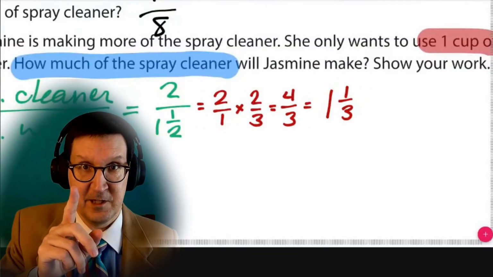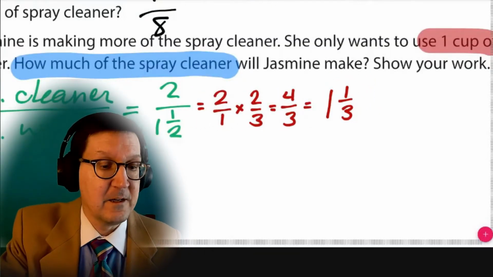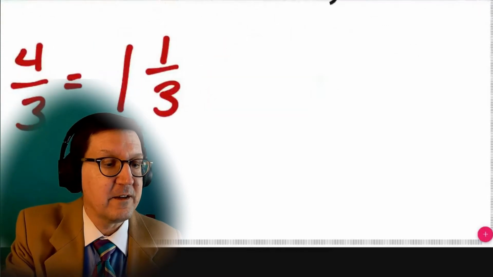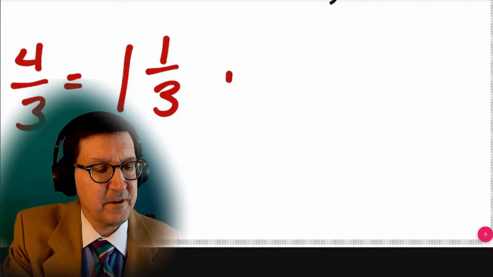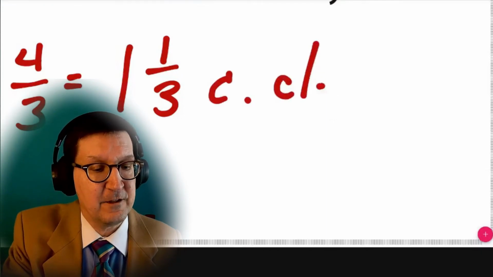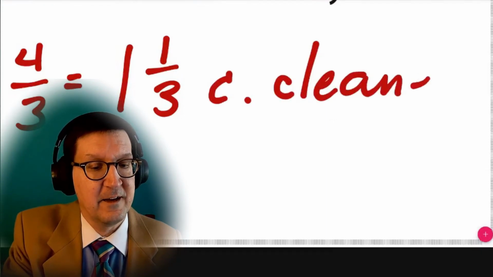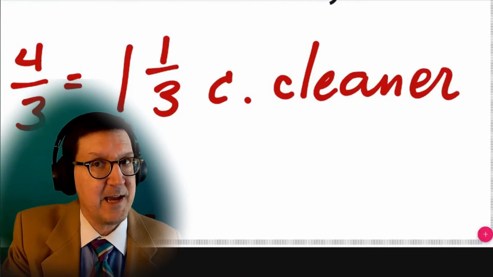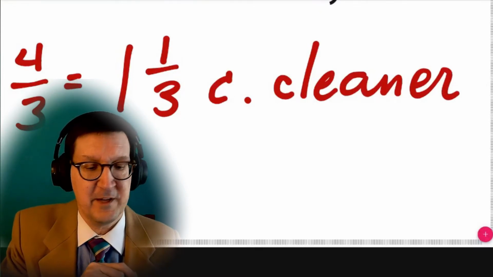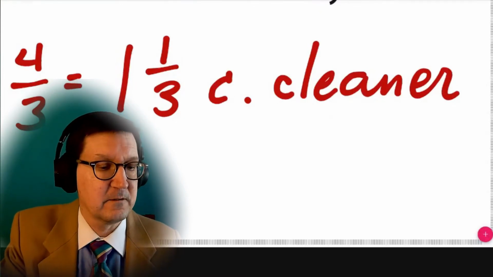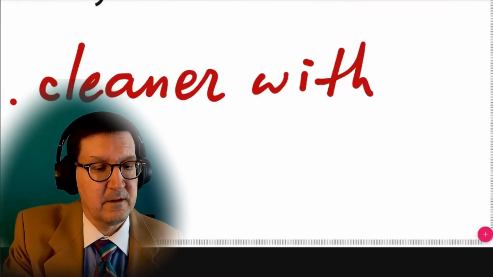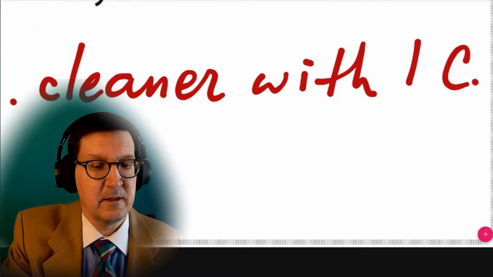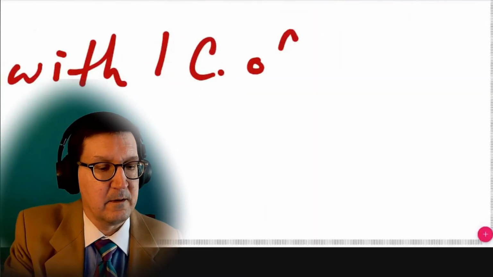Have to label our responses. 1 and 1/3 of what? 1 and 1/3 cups of cleaner, because the question was asking how much cleaner she can make for 1 cup of water. She can make 1 and 1/3 cups of cleaner with 1 cup of water.